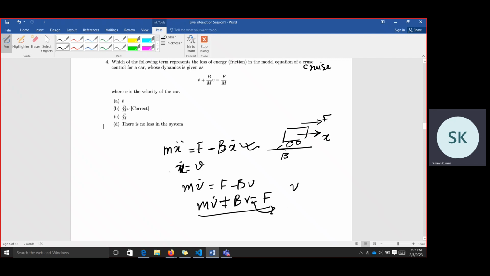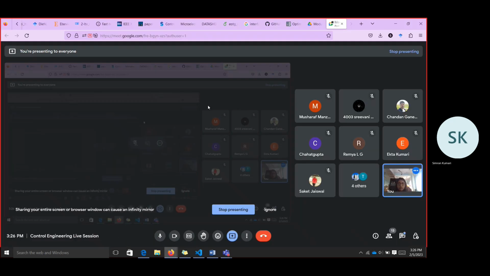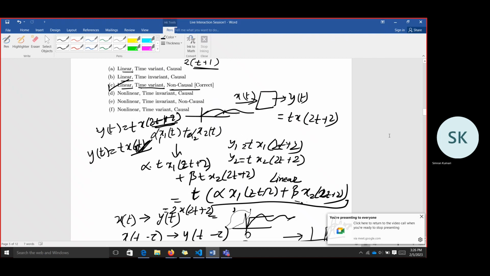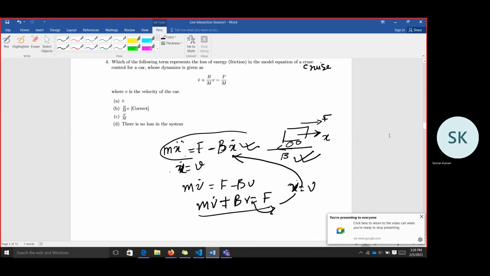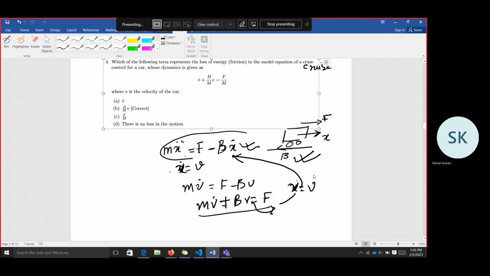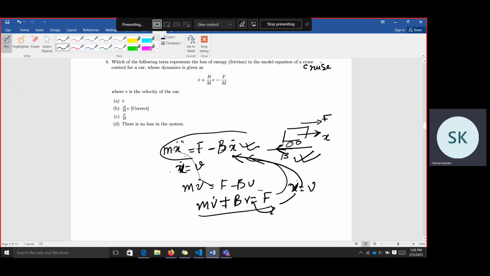We'll say that x dot equal to v, and then we'll get to this one, and we can see from this physical system representation that this dynamics is there because we are considering this friction.